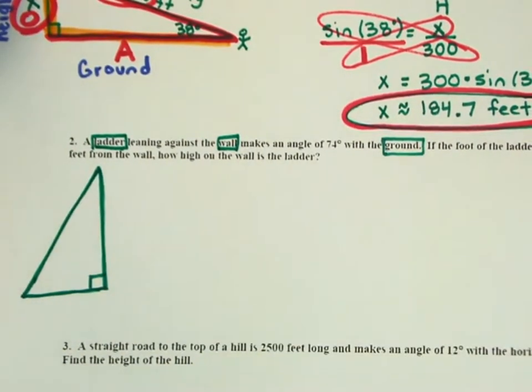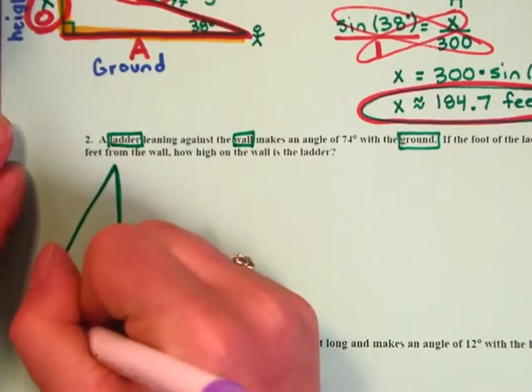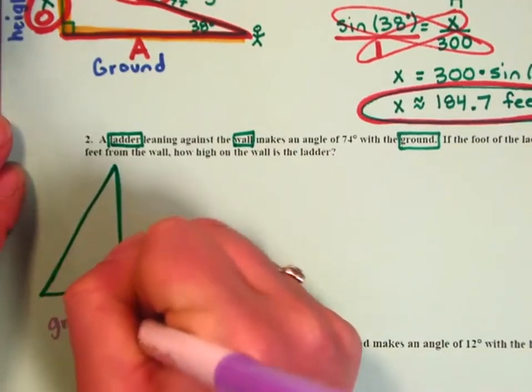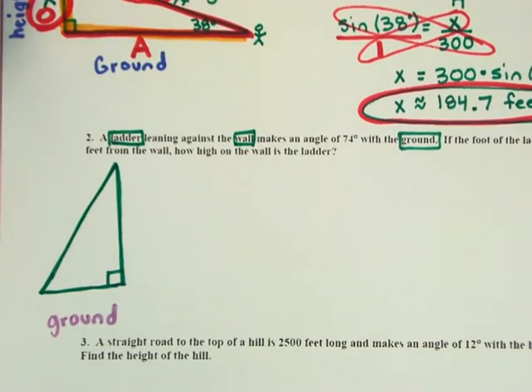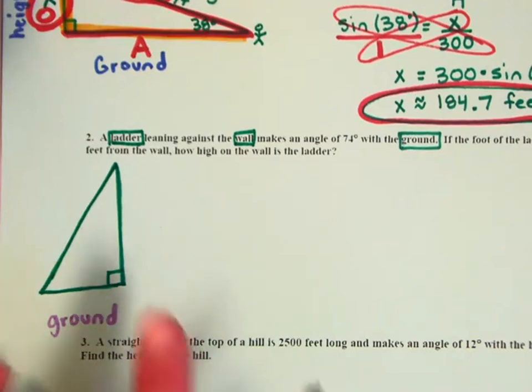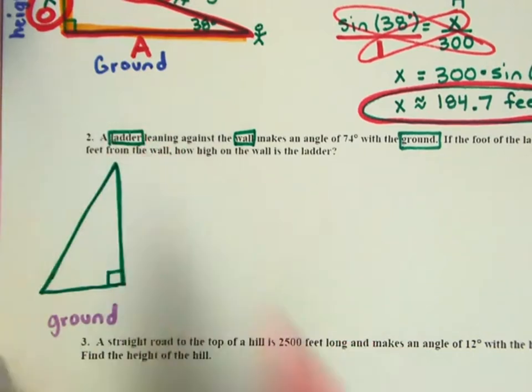So let's label our sides. Which one's going to be the ground? The bottom. Which one's going to be the wall? Is the wall going to be the one that's going straight up, or is it going to be the diagonal one?